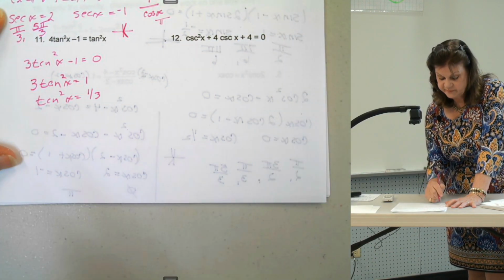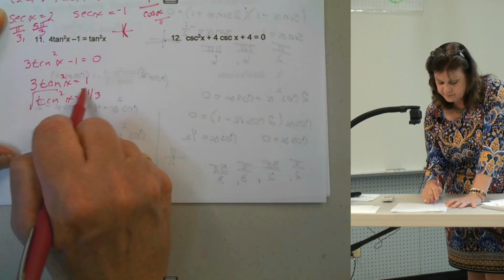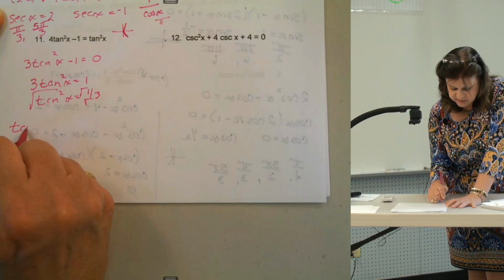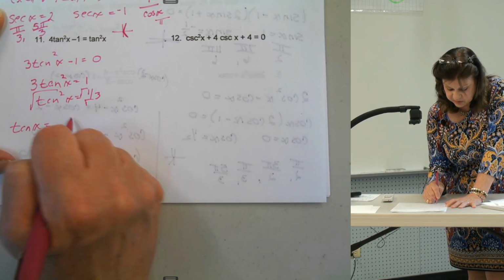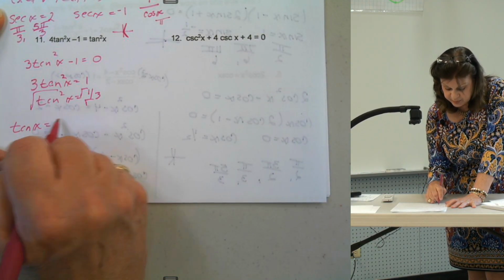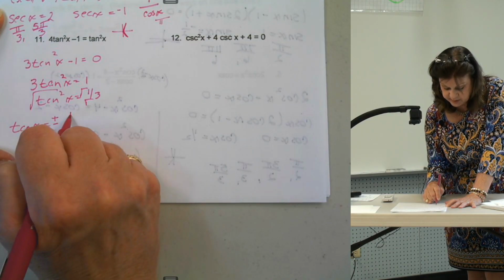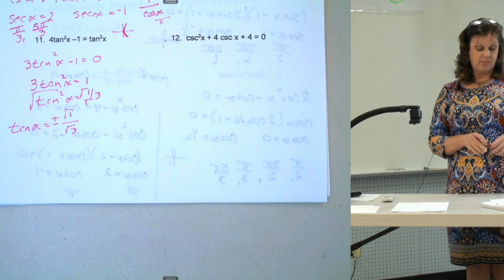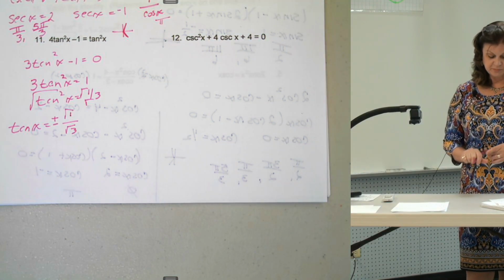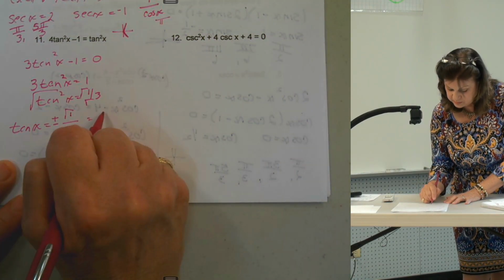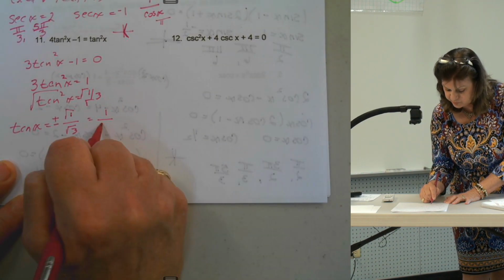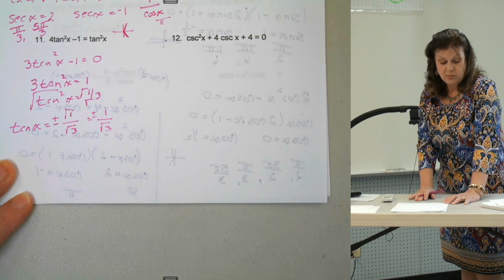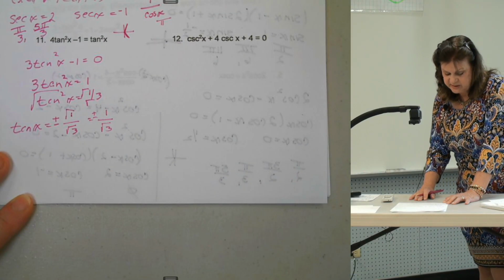Now, before you take off with that, let's take the square root of both sides. So the tangent of x has to equal plus or minus the square root of 1 over the square root of 3, which is plus or minus 1 over root 3. Okay, so again, let's think this through.